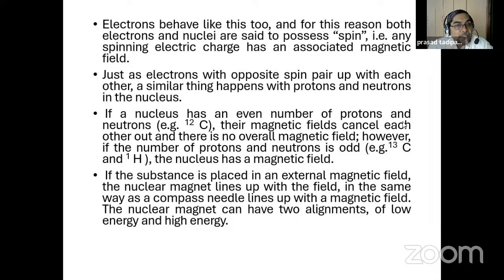So the magnetic fields cancel each other and there is no overall magnetic field. However, the number of protons and neutrons may be odd. Here it is an even number of protons and even number of neutrons. If you consider an odd number of neutrons or protons within a nucleus, what will happen? It has some net magnetic field.